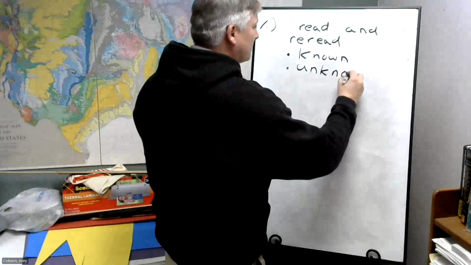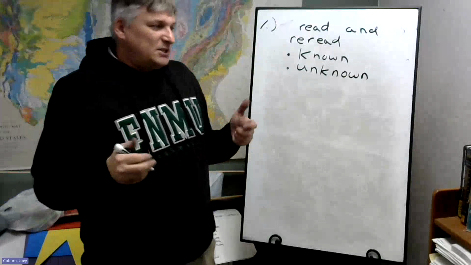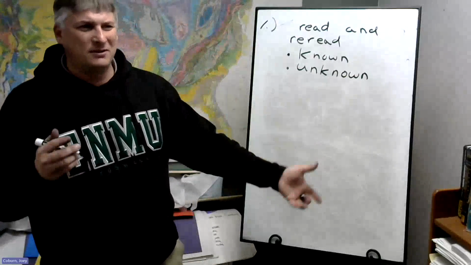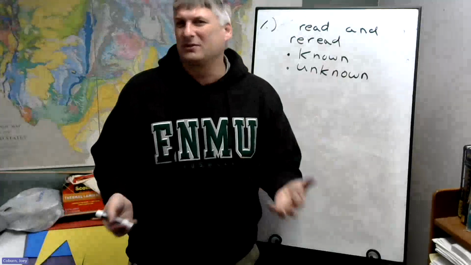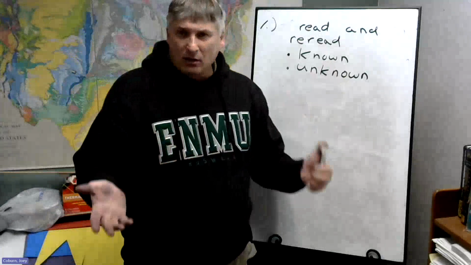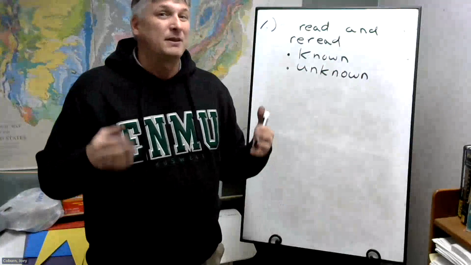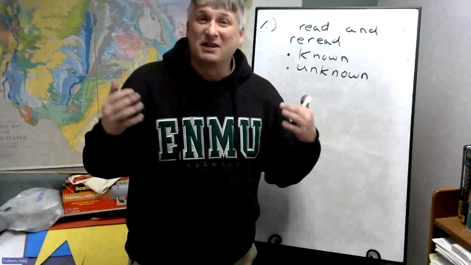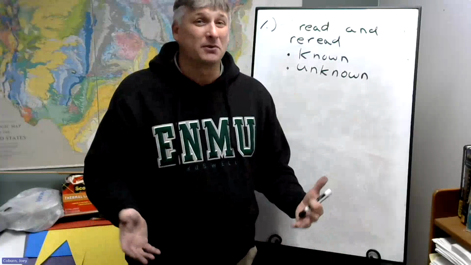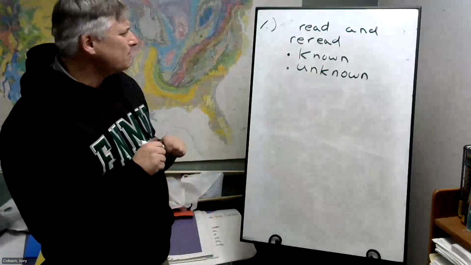An unknown would be an element that is significant to the problem. Sometimes they'll throw stuff in that has nothing to do with the problem. It's just a distraction. But it could be an element, like the weight of a boat, where they didn't tell you the weight as a number. It's just an idea, but no number was there. So that would be an unknown.